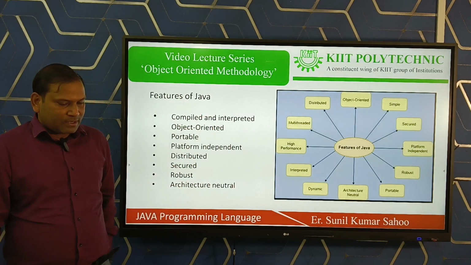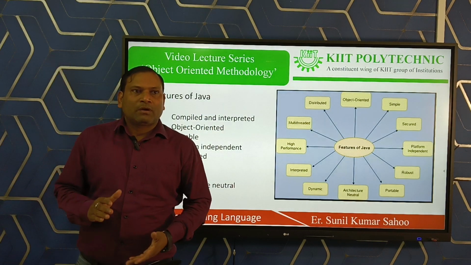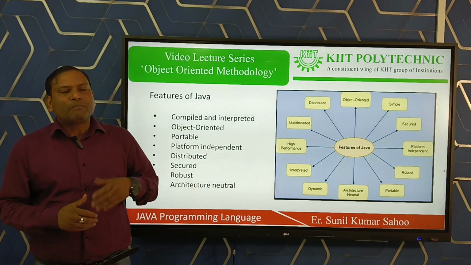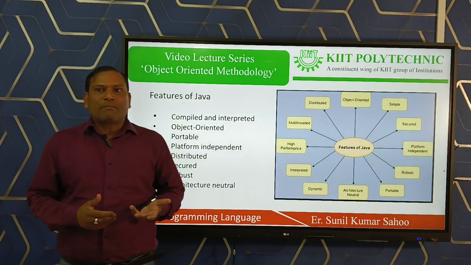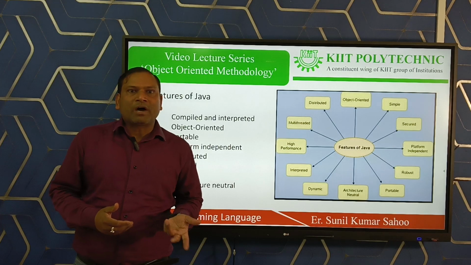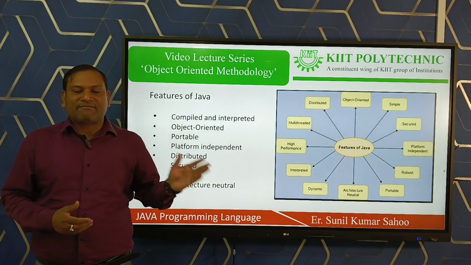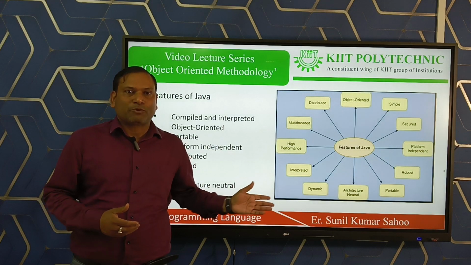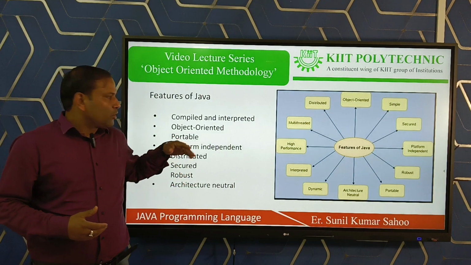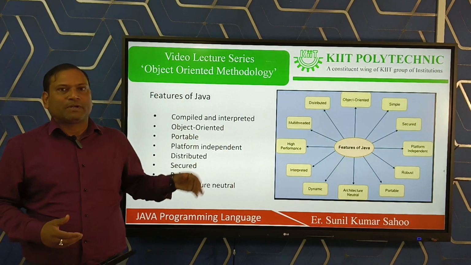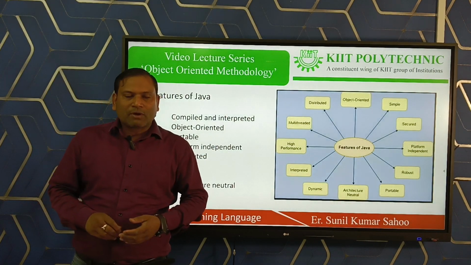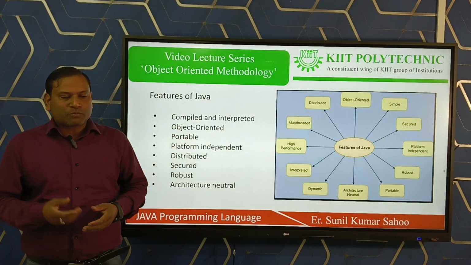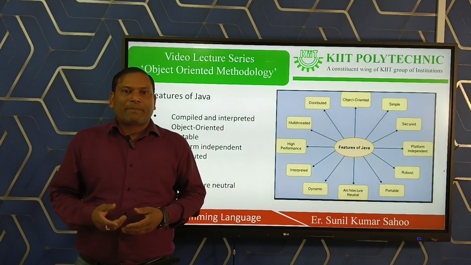Compiled and interpreted. A computer language is either compiled or interpreted, but Java combines both the approaches. Both approaches means it is compiled and interpreted. Whenever we write the source program, it is compiled by the compiler.